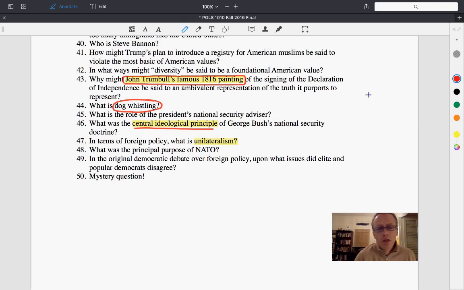We didn't really get into this in class, but as background, there's a lot of documentation now, including from the British, and pretty much a consensus on this. I think Condoleezza Rice and Cheney and Bush knew that there were no weapons of mass destruction in Iraq, that they were conjuring up this idea, and that's been argued at length, both in U.S. inquiries and very much so in recent inquiries in Britain.